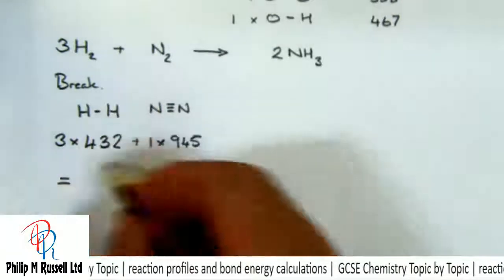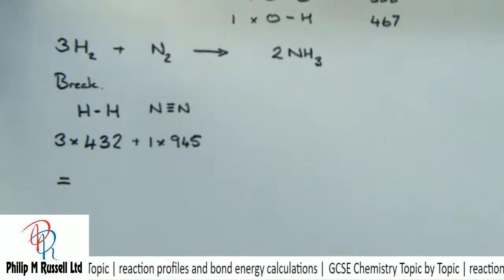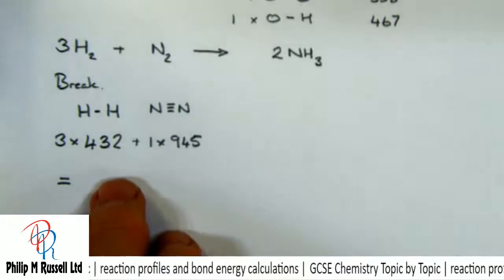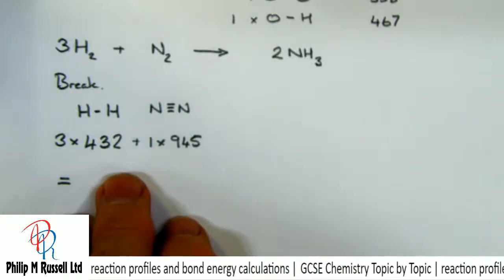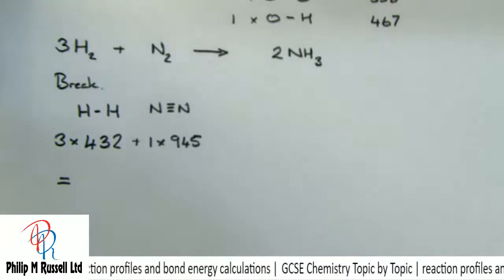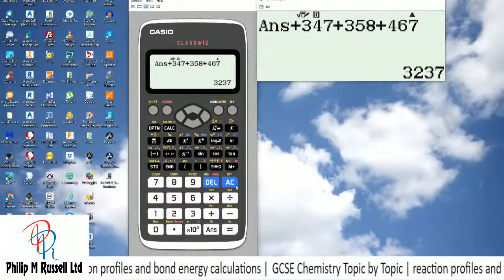So we can work out the amount of energy required to break the bonds, the amount of energy we require to put in to this reaction. So let's do the calculation.